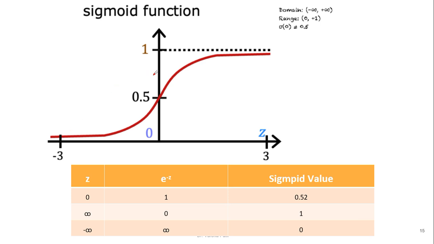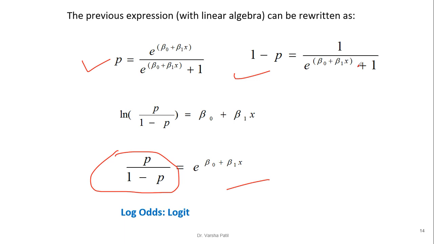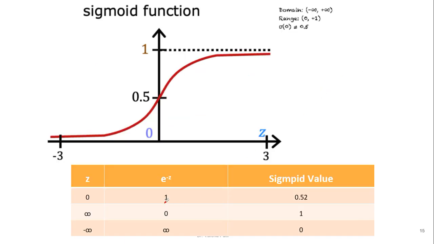Now this is basically the sigmoid function. When e is raised to beta 0 plus beta 1 x, it depends on this value, which is z.